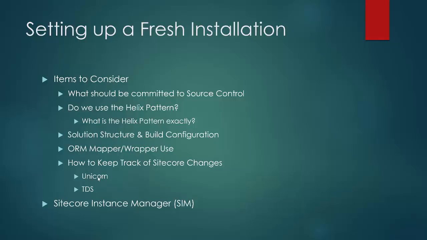Obviously, that's not as big of a deal if you were just building a site for one specific version, but I still think it's a good idea for developers to use Sitecore Instance Manager. Also, Sitecore Instance Manager is extremely powerful for automated deployments.